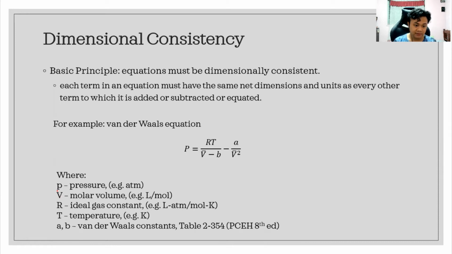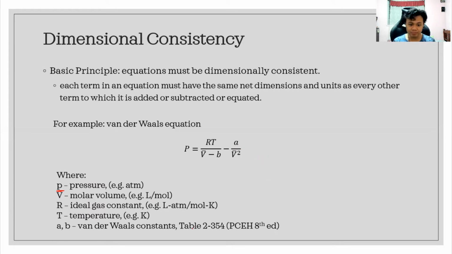Really, it is V bar, as denoted there, which denotes molar volume, in units of liters per mole or any unit of volume per mole. R is our ideal gas constant, T is our temperature, and a and b, here and here, are our van der Waals constants.